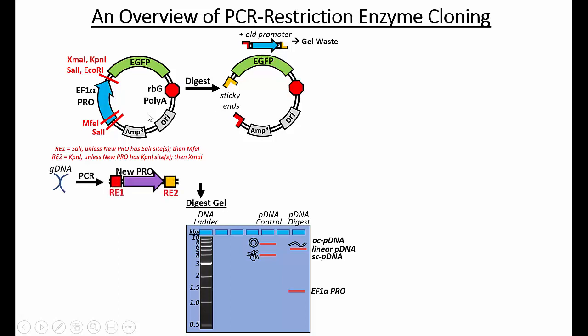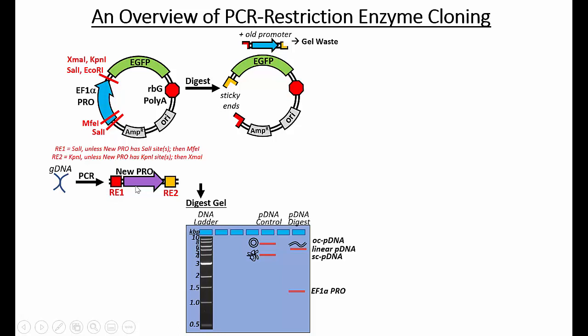And then the next thing I'm going to do is copy my new sequence from some sort of template. This could be another plasmid. In this case, let's say it's a chromosome from the genome. So let's say we're amplifying a promoter from the chromosome. There I can use PCR, polymerase chain reaction, to copy billions, trillions of copies of that promoter sequence from the chromosomes.